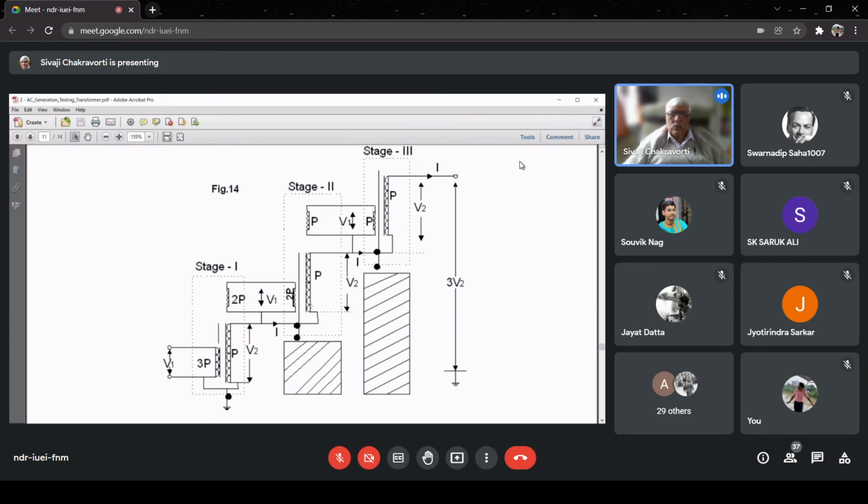But the stage 2 transformer, since its secondary is in series with the secondary of the stage 1, its terminal is not at ground potential. Rather, it is at V2. So you cannot place this second transformer on ground. Then that will not work. So you have to give an insulating support of 250 kV, but this is only a support. That's not a winding insulation.